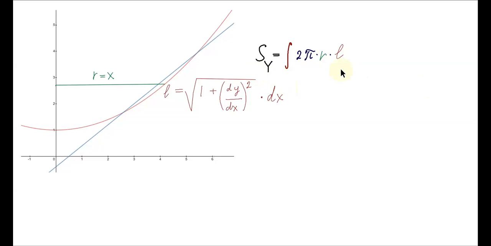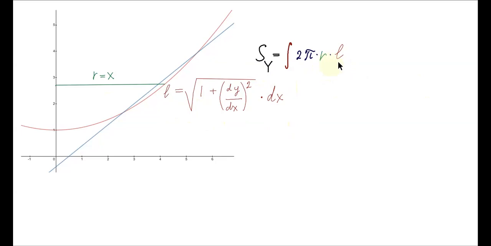Okay? What now? Now we need to plug in all the values. What is green R? This is x. What is red L? We have the formula, the outcome from the previous theorem regarding arc length. Okay, let's plug in all the values.